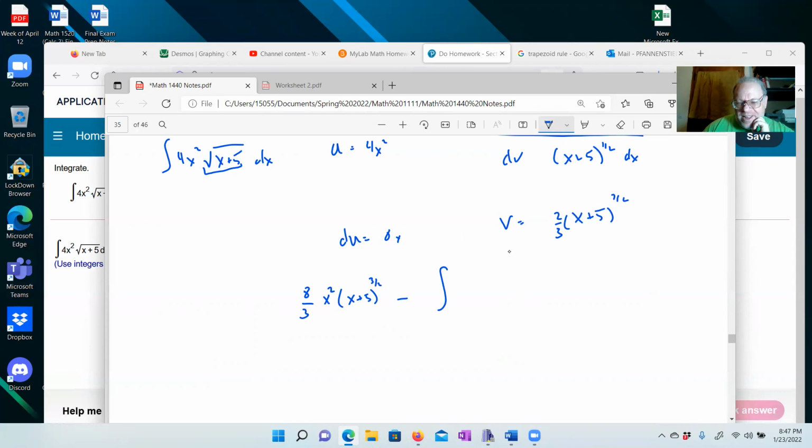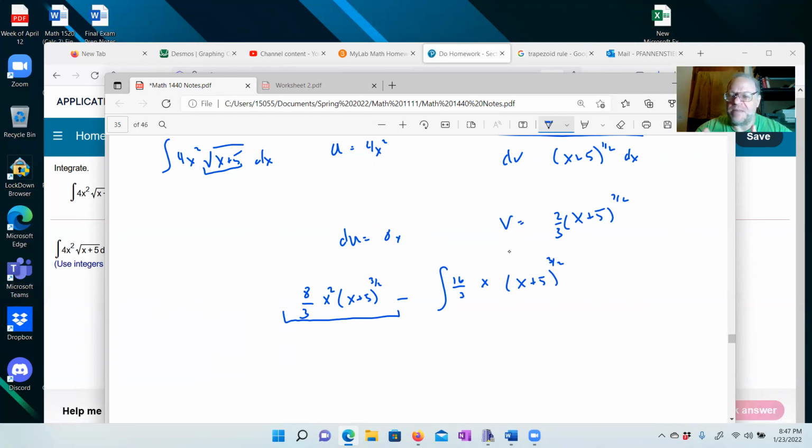And here we have v du, so this is 8 times 2 is 16/3 x plus 5 raised to the 3/2. So this looks delightful, but I can put it off to the side because we never have to deal with that again. This looks less delightful, maybe more delightful. Again, we could use the technique that we learned in the previous chapter.